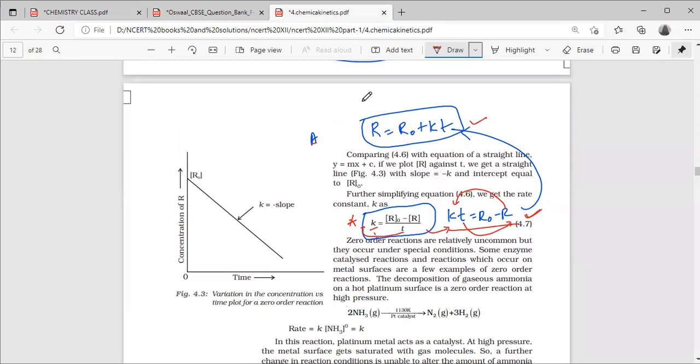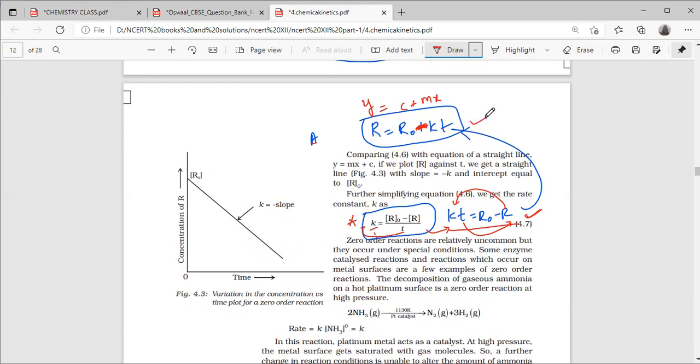I am writing in the form of y equal to mx plus c. I did a little mistake; here it should be minus Kt, because Kt going to this side means minus Kt, and minus R coming this side means plus R. So R equals R0 minus Kt.